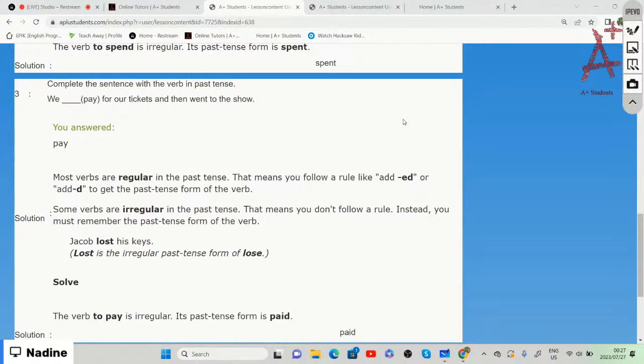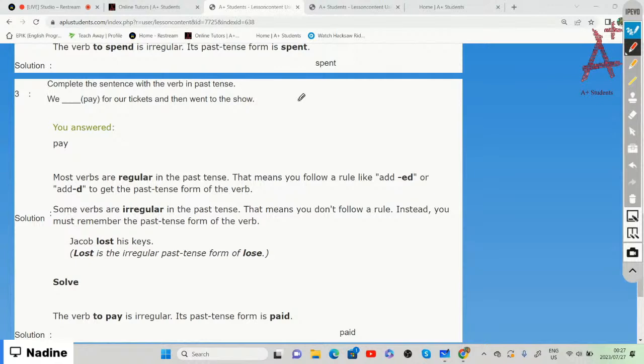If we change that word to the past tense form, then we can say, we pay for our tickets and then we went to the show. Earlier on, we paid, and see how the word changes. Paid for our tickets and then we went to the show.